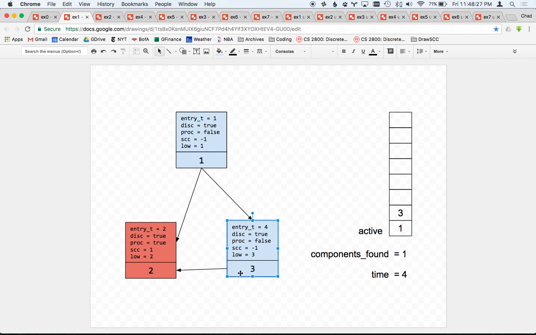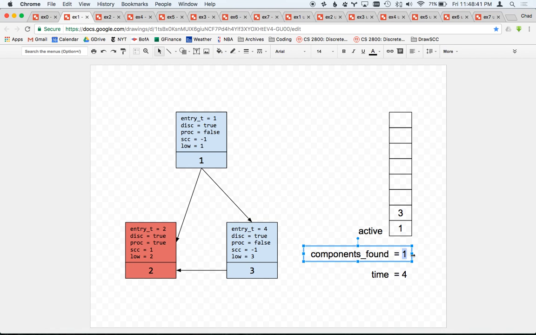We are now done processing the edge, and we continue to process any remaining edges from vertex 3. There are no remaining edges from vertex 3, so we process vertex 3 late, discover that low of vertex 3 is 3 itself, which means we have found another strongly connected component, and we increment our components found to 2, pop vertex 3 off of the active stack, and mark it with 2 for its strongly connected component.